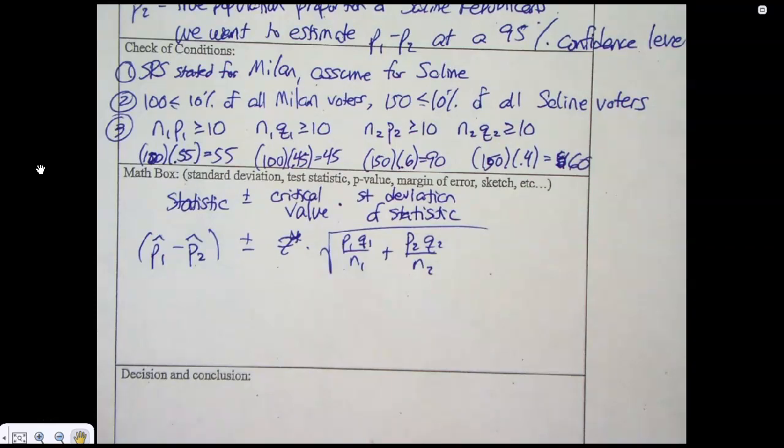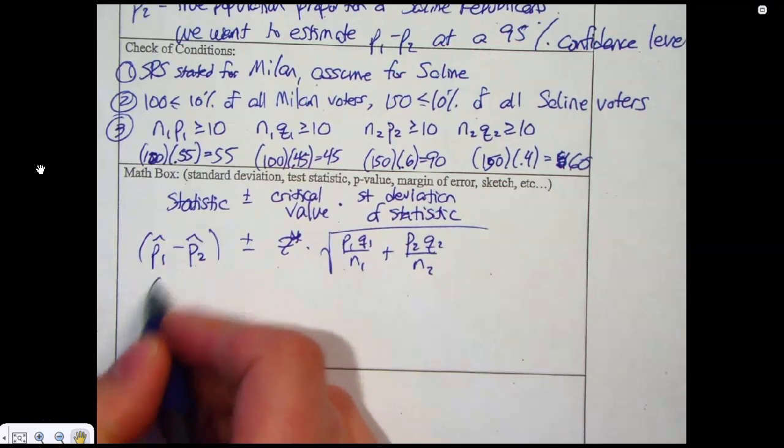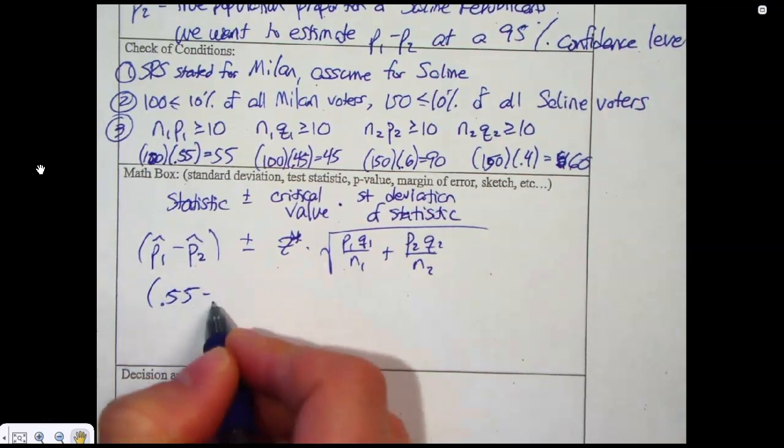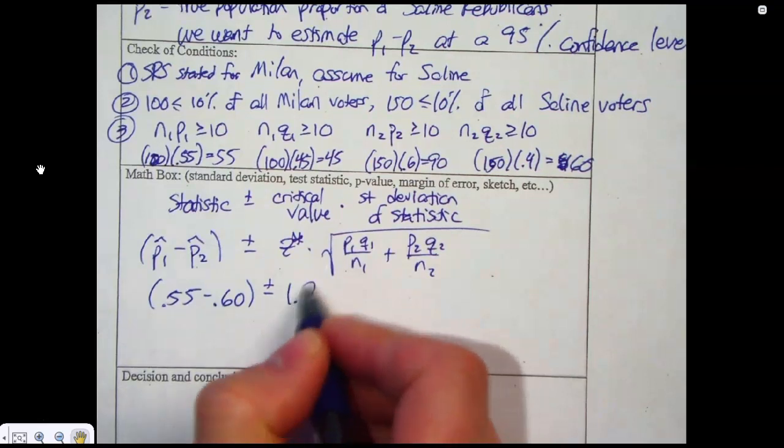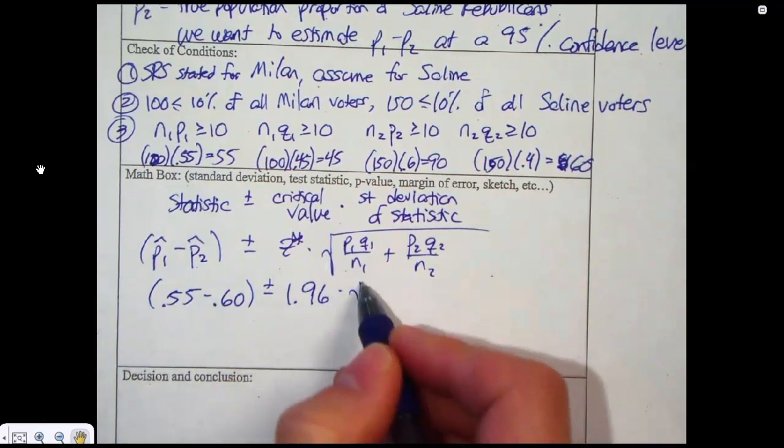Plug in your numbers. So what's p1 hat? 0.55. p2 hat is 0.60. Plus or minus. Z star is your inverse norm of 1.95 divided by 2. That's like 1.96-ish.